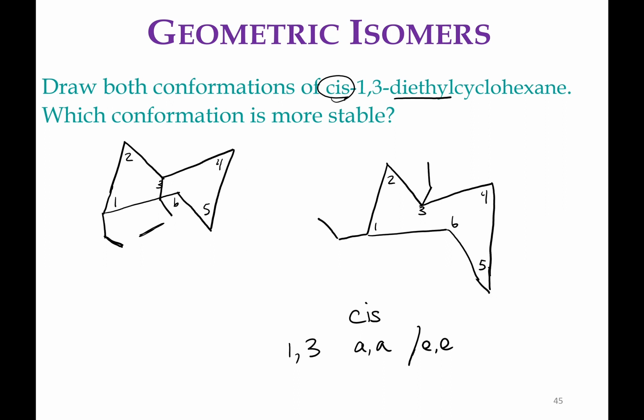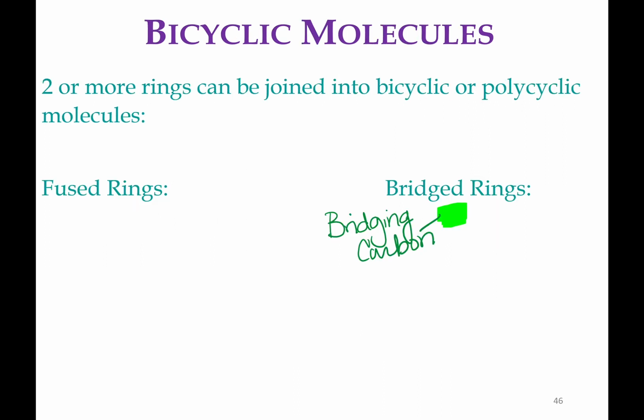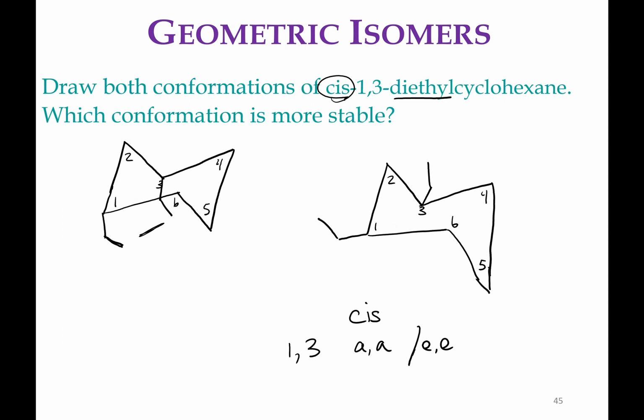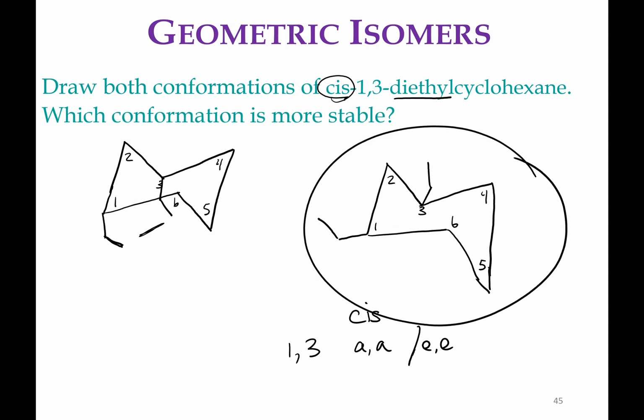So it's going away from the ring. So which of these do you think would be more stable? Okay. And it would be this one because they're both in the equatorial. So anytime that we can have both groups in the equatorial position, it's going to be much more stable. And the last type of rings we want to talk about are bicyclic.